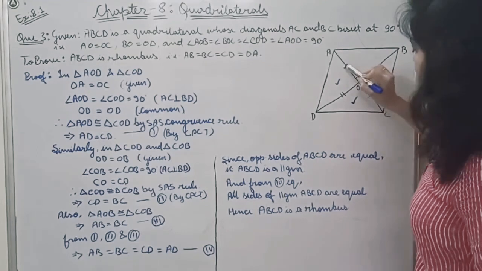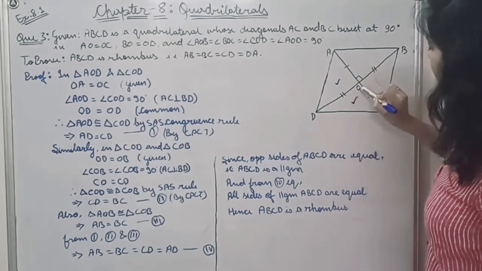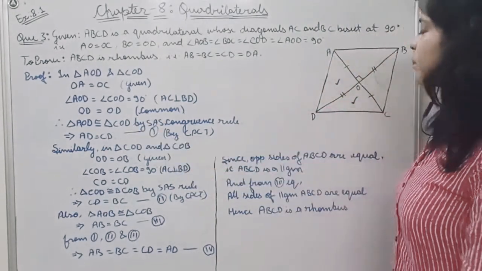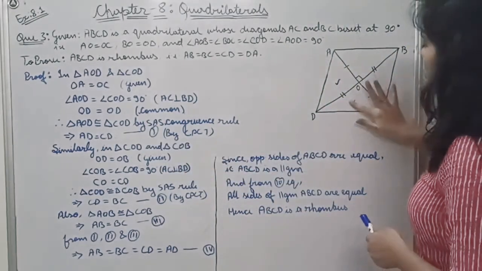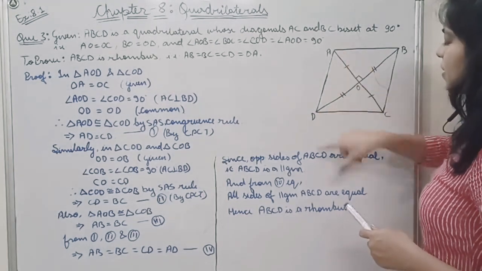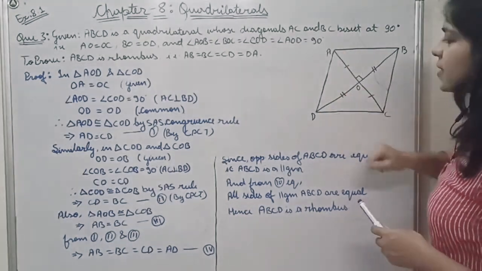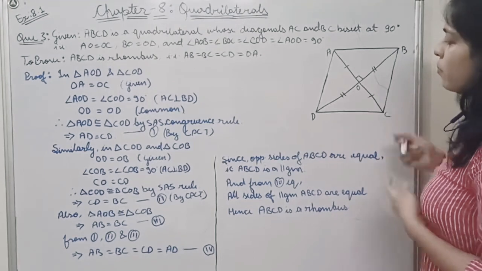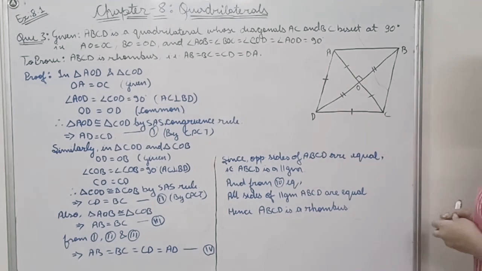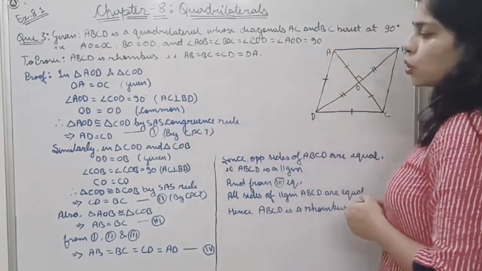So by side angle side congruence rule, triangle AOD is congruent to triangle COD, means their corresponding parts will be equal. Now AD is the hypotenuse of this triangle and CD is the hypotenuse of this triangle. Means the corresponding hypotenuse will be equal by corresponding parts of congruent triangle.